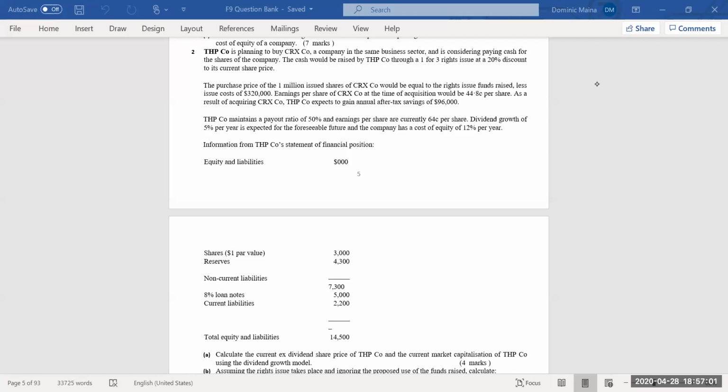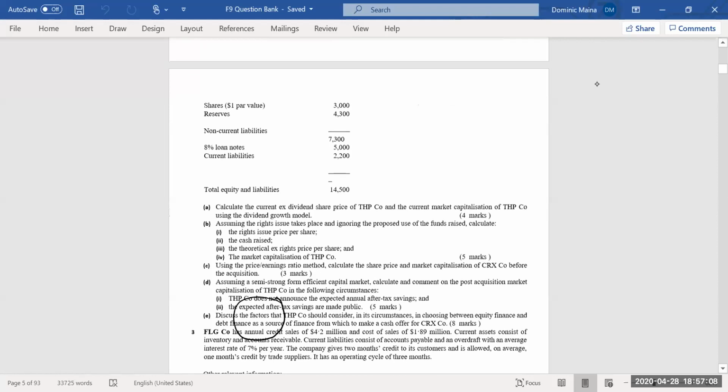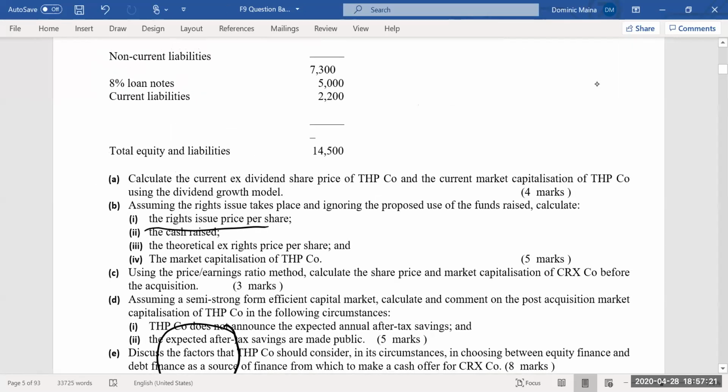In this example, you've been asked to make an evaluation as per part B. We are meant to assess the rights issue price per share, the cash to be received, the theoretical strike price per share, and the market cap of THP company. Then part C is to get the share price and the market cap of CRX company. As you noted, these are two companies, where one is acquiring the other.